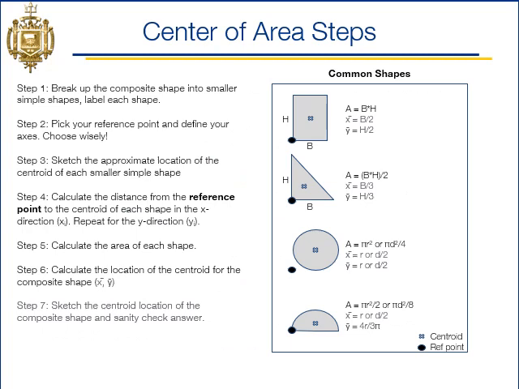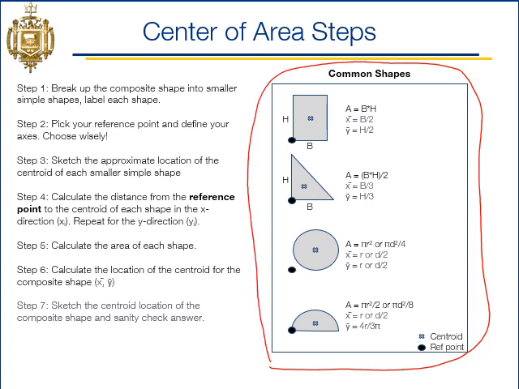All right, so in order to find the centroids of those individual shapes, we're still going to need to know where they are for some common shapes. So we've got this chart here on the right, and we have a bunch of common shapes in there. So rectangles, triangles, circles, and we've got a half circle there.